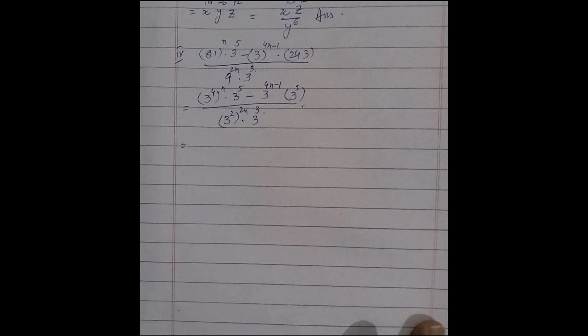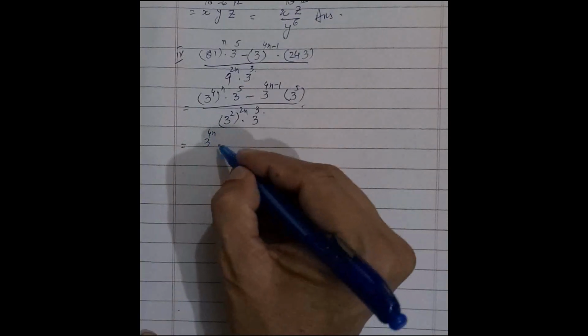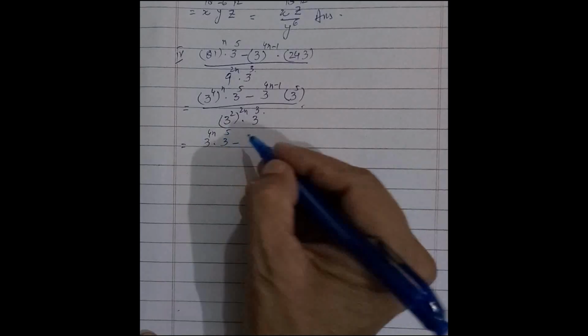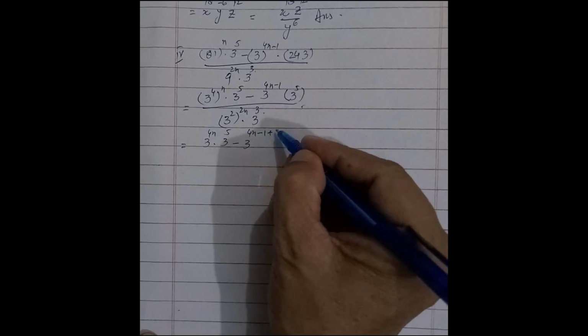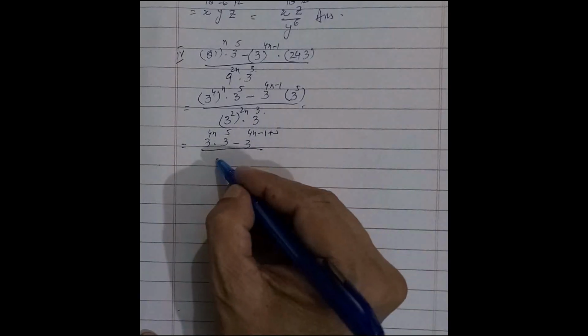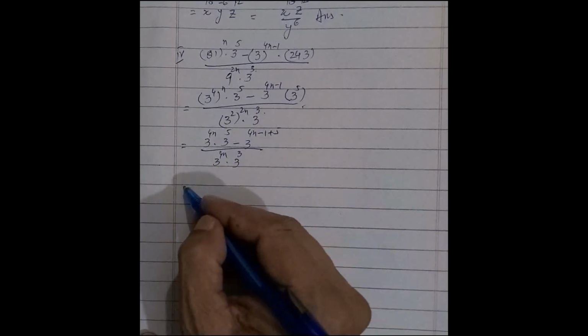Now we further simplify these values. 3's power 4n into 3's power 5 minus 3's power 4n minus 1 plus 5 over 3's power 4n into 3's power 3.